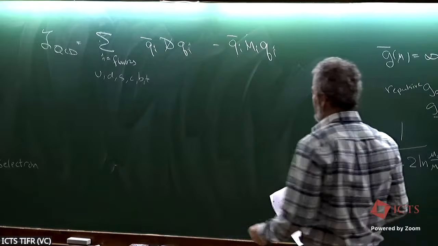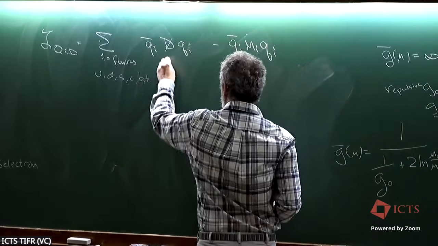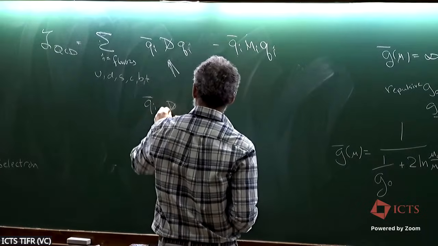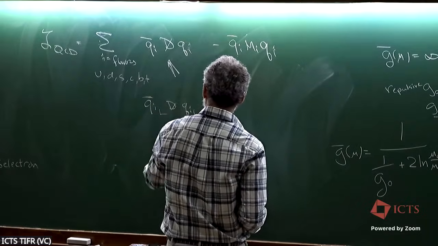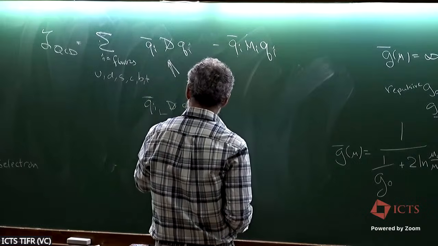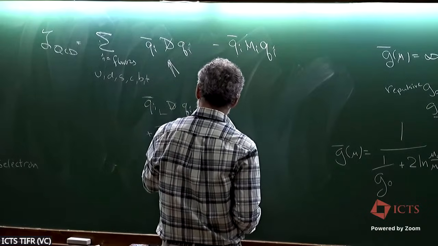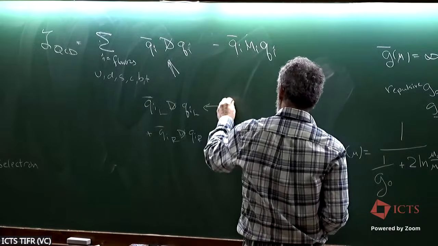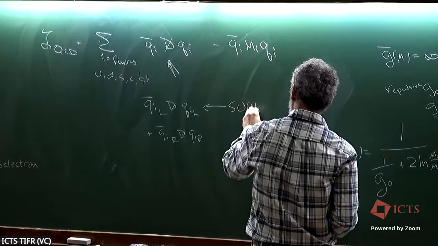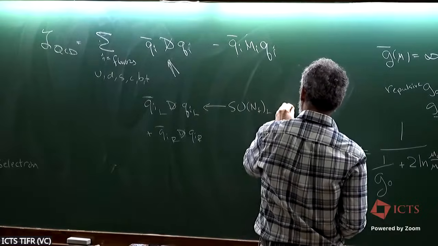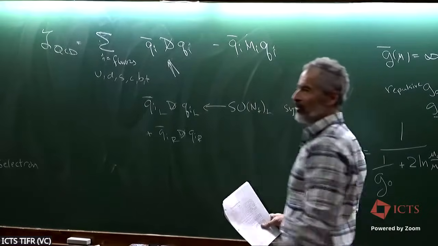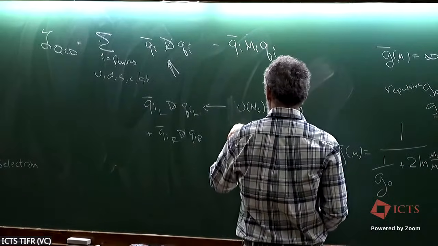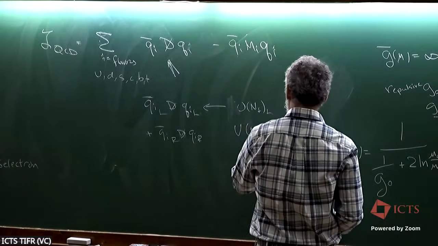So this by itself, Q bar i left, D slash Q i left, plus Q bar i right, D slash Q i right, has an SU(N_F) left symmetry. The left just tells me it's acting on Q lefts. It actually has a U(N_F), and this has a U(N_F), which I'll call U(N_F) right symmetry.